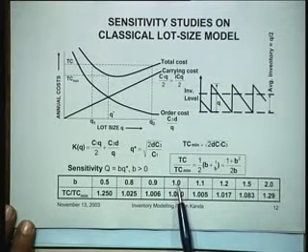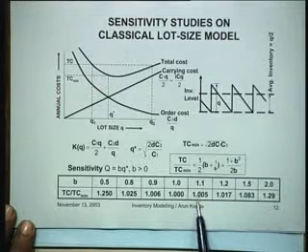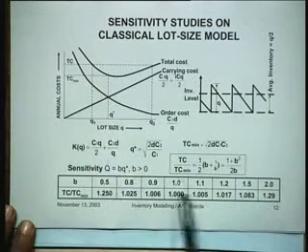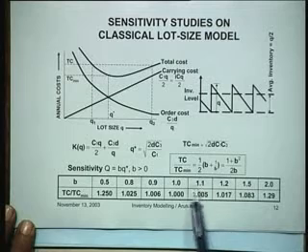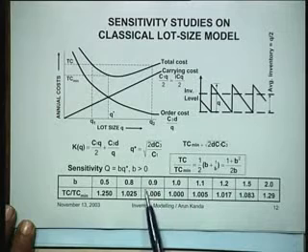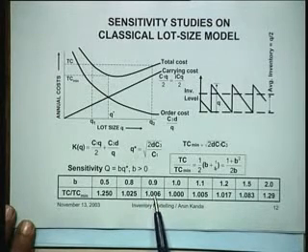But suppose I depart from the optimum lot size by a factor of 10%, make it 1.1 Q. Then you find that the cost has increased to 1.005. Whereas if I decrease it here, the cost has increased to 1.006, which is higher.